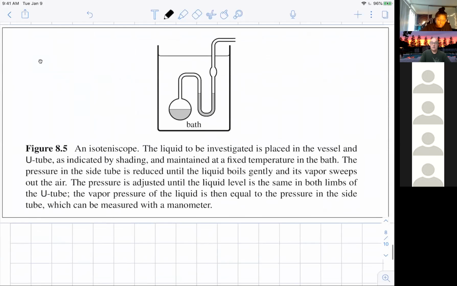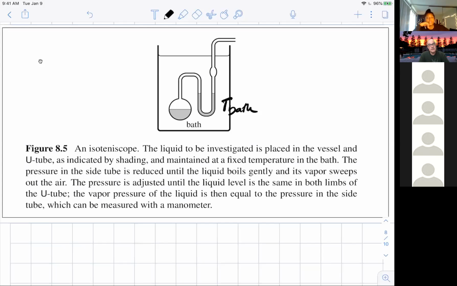So here's how we might measure this vapor pressure, right? Constant temperature, so we have a water bath, right? We put a liquid both in this spherical container, doesn't have to be spherical, but that's typically what we do, right? And also in the U-bend of the glassware.